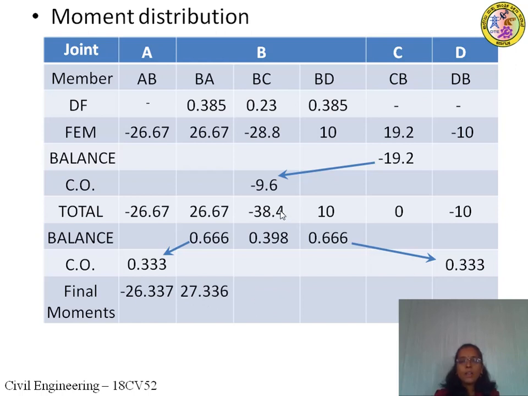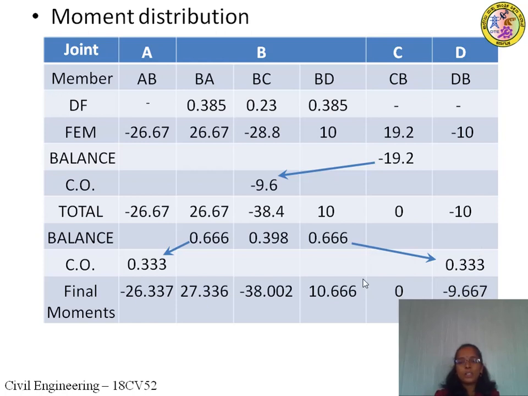Next, minus 38.4 plus 0.398 will be equal to minus 38.002, and 10 plus 0.666 will be equal to 10.666, and for CB it is 0, and then for DB, minus 10 plus 0.333 will be equal to minus 9.667.